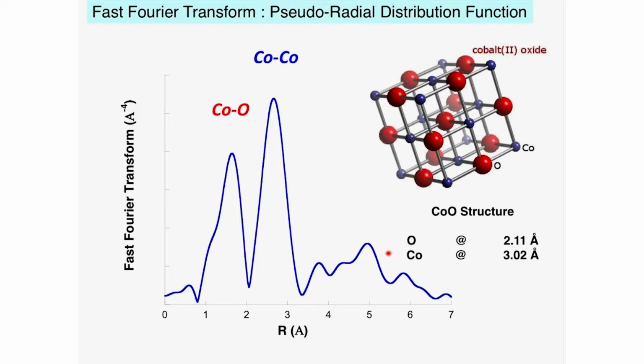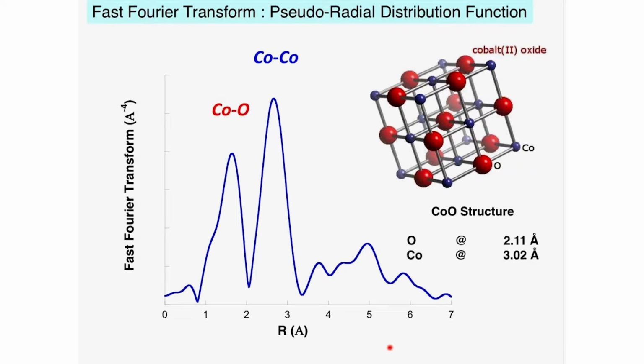In the case of this cobalt oxide rock salt structure, as the first coordination shell, we have oxygen neighbors, which are located at 2.11 angstrom, and this first intense peak here is related to this first coordination shell. At longer distance, we have the second nearest neighbors, the cobalt second neighbors, located at 3.02 angstrom.